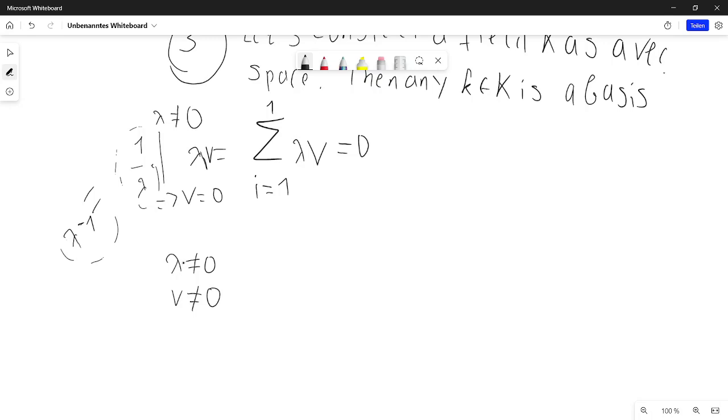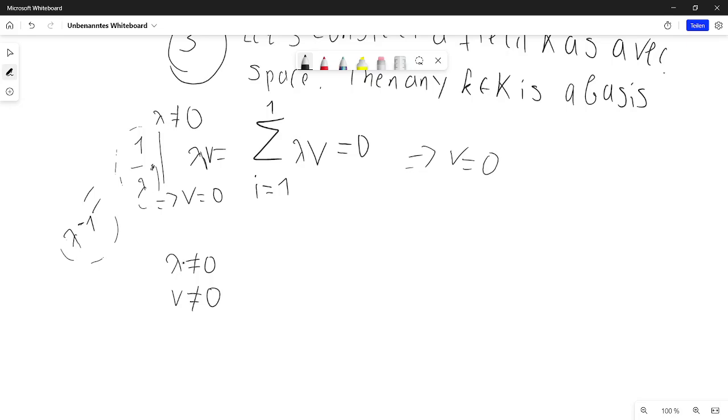We have not defined it, only for R we have defined it. This is a general field, so this is the inverse element of multiplication, and we can multiply it. We obtain the inverse element of multiplication multiplied by lambda gives you the 1 in the field, and 1 multiplied by v gives you v.